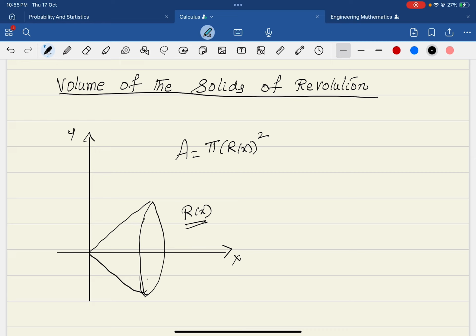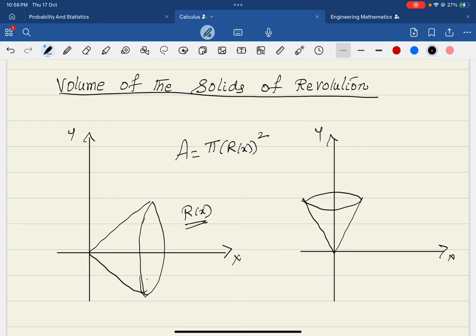Similarly, if you have the function, and this is x and this is y, again the function is revolved about the y-axis.